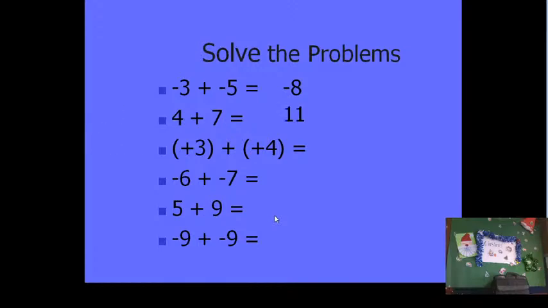Because there is no minus below. And here we have the answer 7, correct? And here minus 13, and this one 5 plus 9, what is the answer? 14, right? And the last one minus 18.